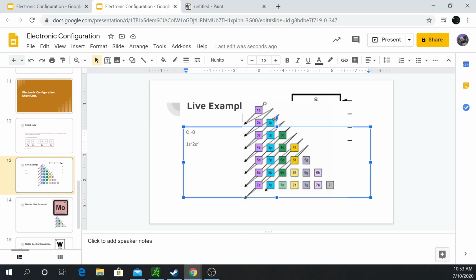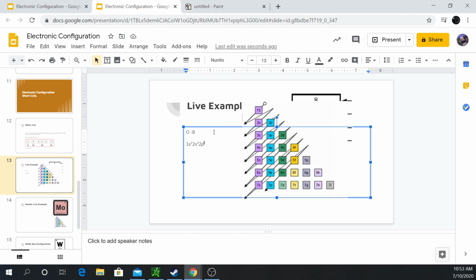We need a total of 4 more. So we'll look and see what's the next one after 2s. It's 2p. And 2p can hold a total of 6 electrons. However, we've already used 4 of our electrons.